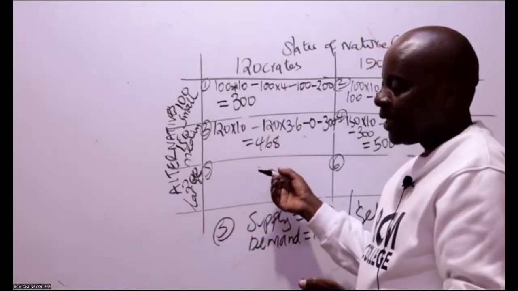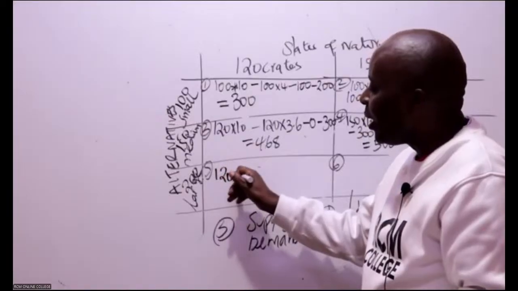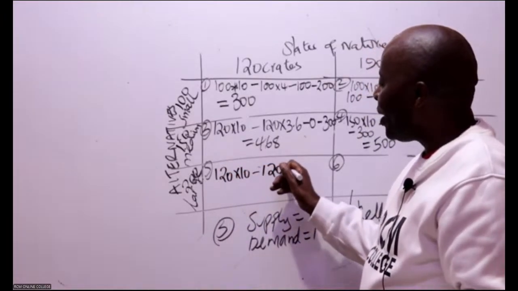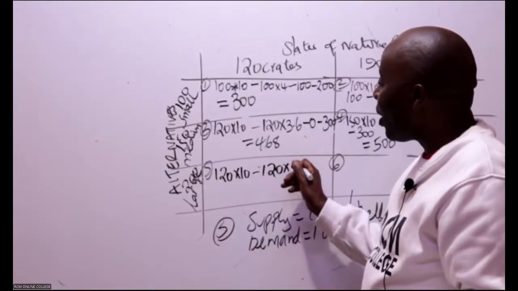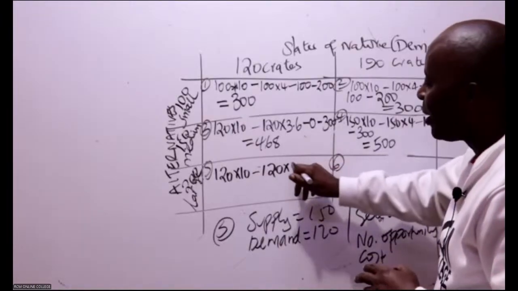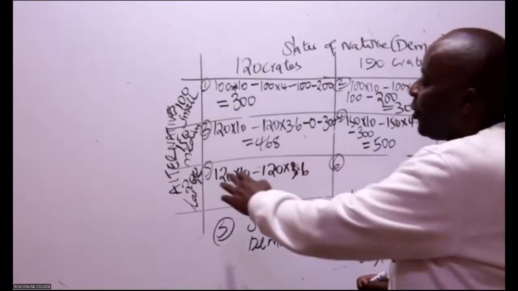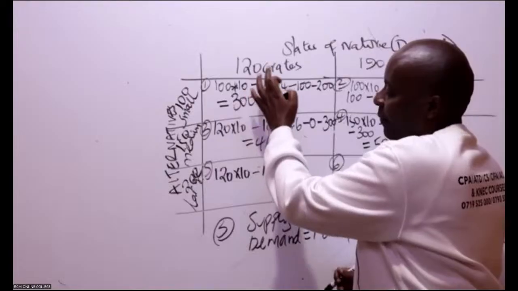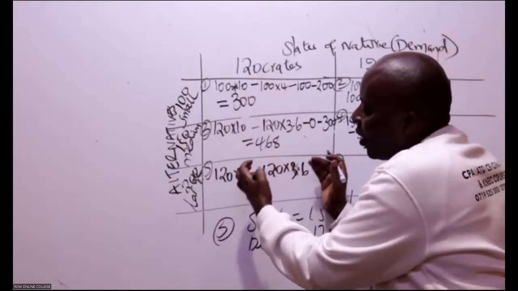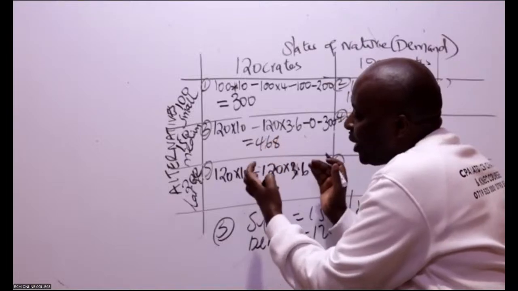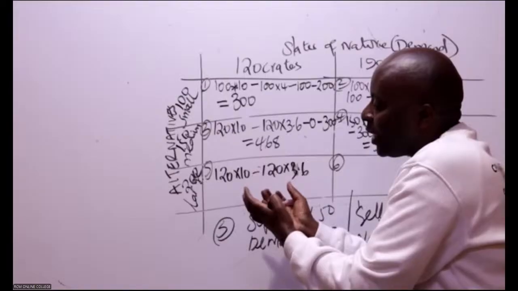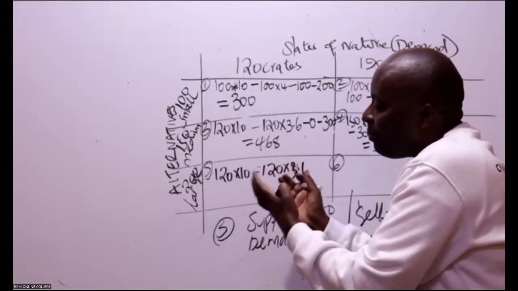120, yes. So it will be 120 times the selling price of 10 minus 120 times 3.6. It's not full because of what here? 200 versus 120. Now, ladies and gentlemen, in this scenario, am I going to disappoint any customer? No. No customer, because my capacity is bigger than what I'm being told to carry.